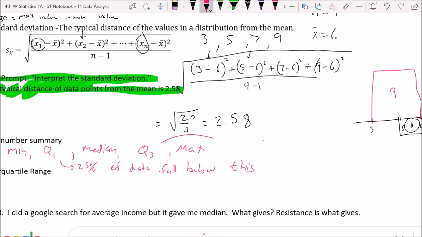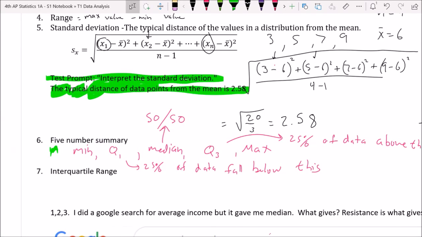And Q3 is the same thing, but on the other side, it's 25% of the data fall above this, or 75% below. And the median, I don't know if you'd ever thought about, that's 50 above and 50 below. So 50-50 on each side, then you got 25-75, 25-75, min is the lowest, max is the largest.